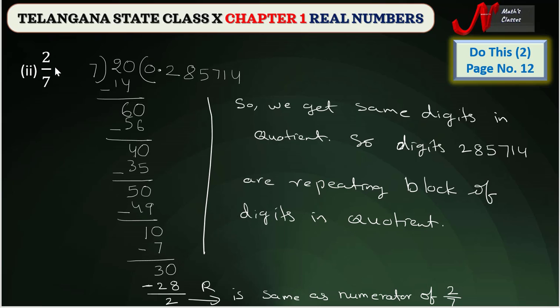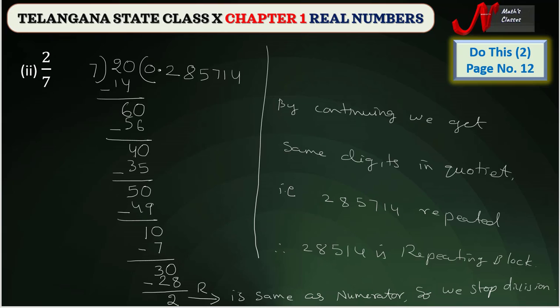By observing the given rational number, the denominator is other than 2 or 5. It is 7. So the rational number 2 by 7 is a non-terminating repeating decimal number. In this rational number also, the denominator is not in the form of 2 power n or 5 power m.